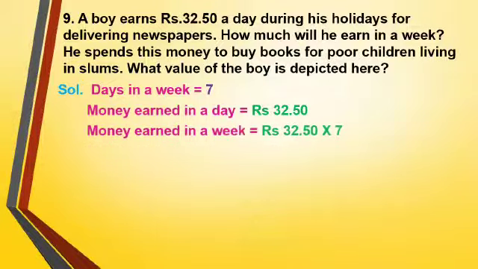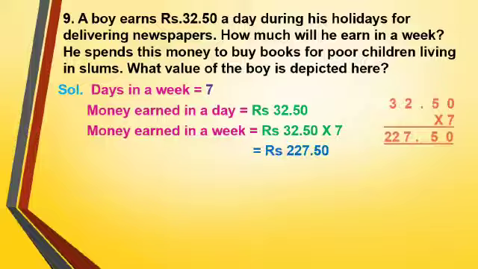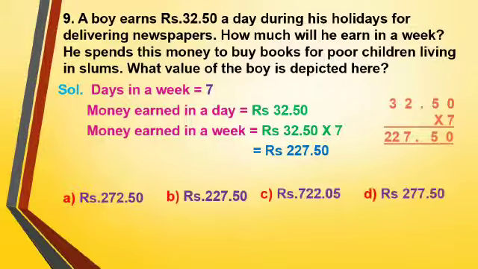So the money that he earned in a week will be equal to the product of 32.50 and 7. The product of 32.50 and 7 is equal to rupees 227.50. Out of the given options, the correct option is option number B.